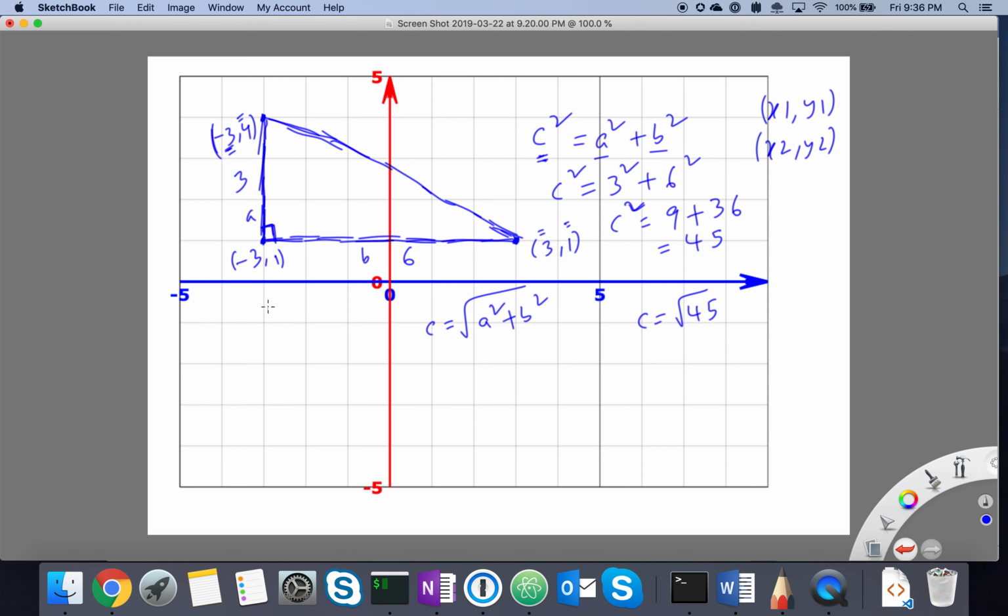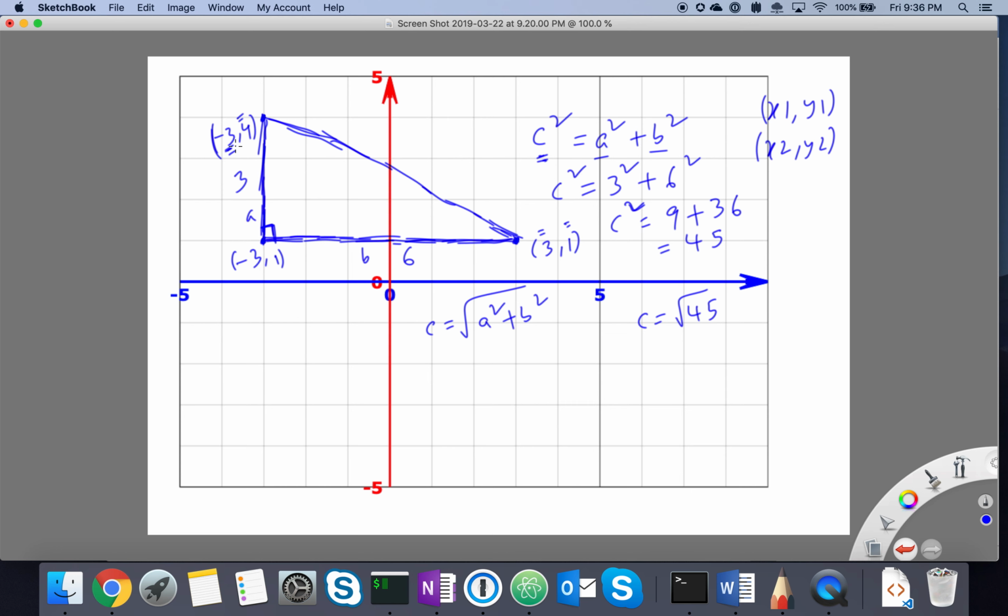So can I safely say that when you have been given 2 different points, the difference between the x coordinates squared, because the difference between -3 and 3 is 6, is the length of this second leg, or you can call it the first leg, it doesn't matter, those are interchangeable, right?